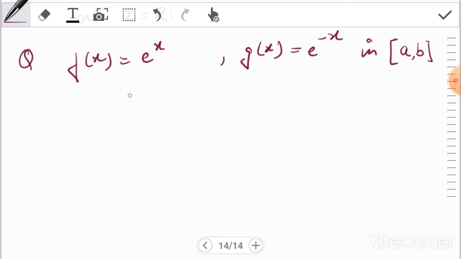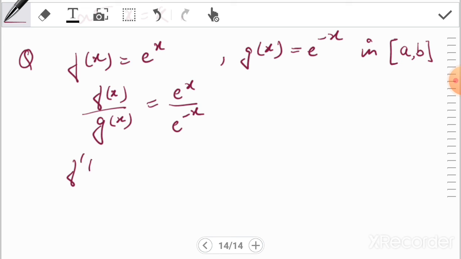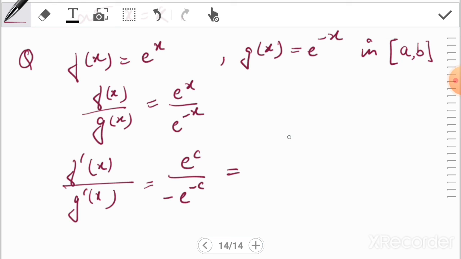So f(x) by g(x) is equal to e^x by e^(-x), and f'(c) by g'(c) is equal to e^c by minus e^(-c), which is equal to (e^b minus e^a) by (e^(-b) minus e^(-a)).